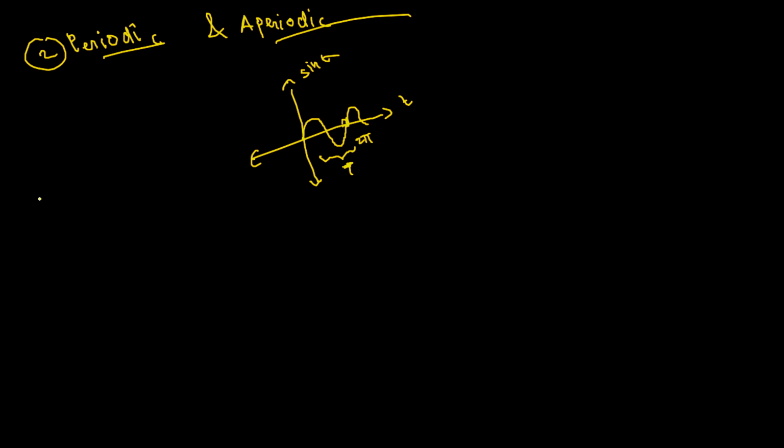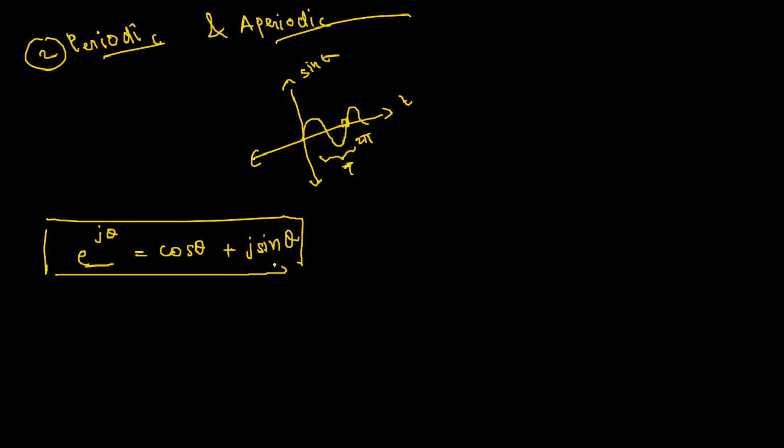Another important formula that you need to know is e to the power j theta is equal to cos theta plus j sin theta. This is another formula that has to be kept in mind because for any exponential question, if they ask us to find periodicity, it cannot be done without this formula due to the complex number that is present.